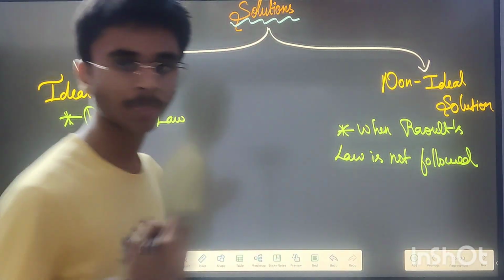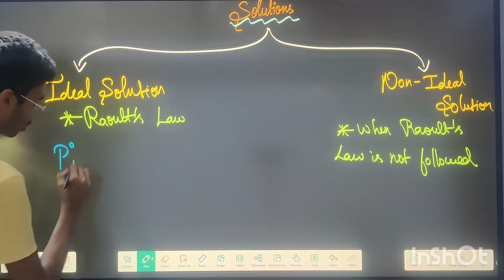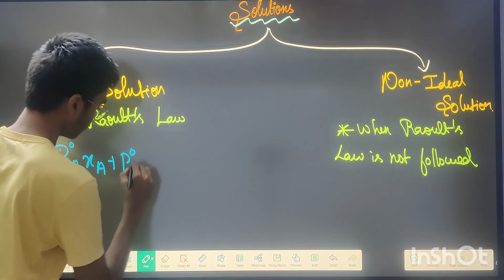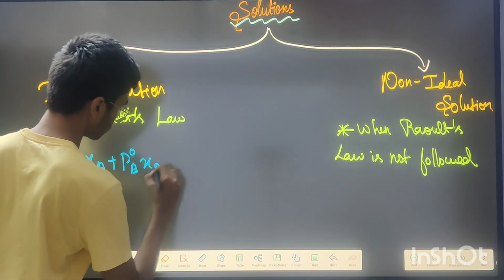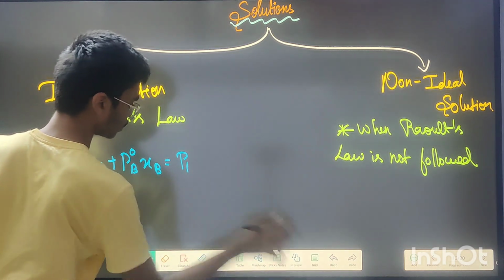So what is Raoult's law? P naught A of XA plus P naught B of XB is equal to P total or P net.